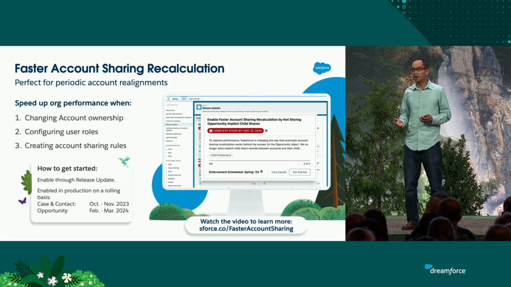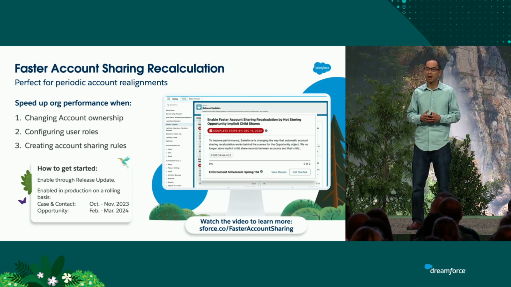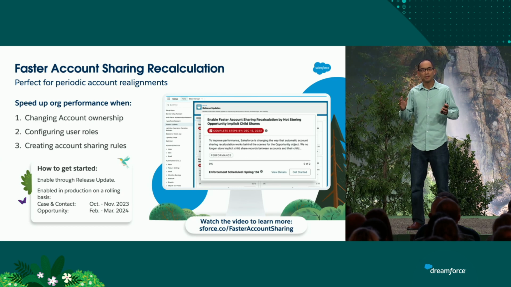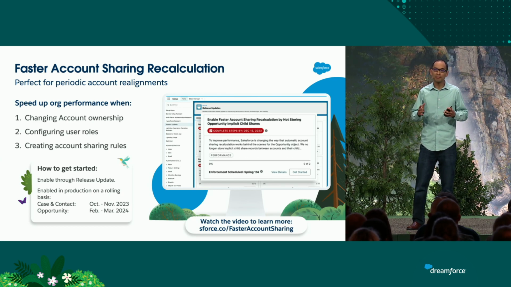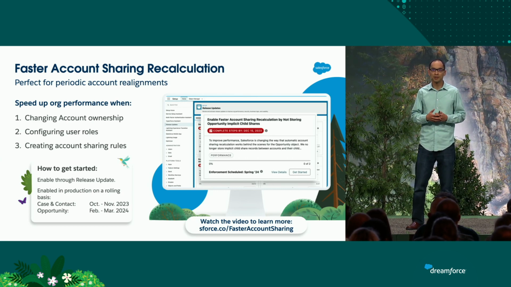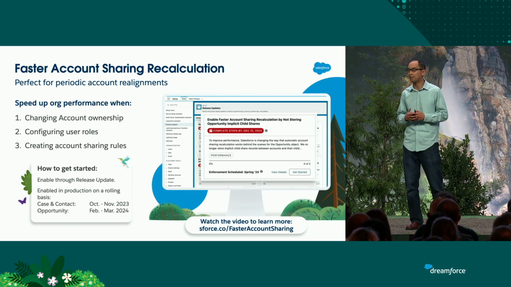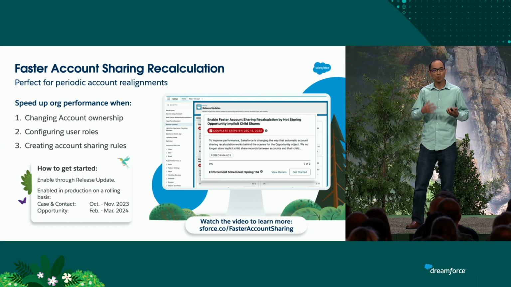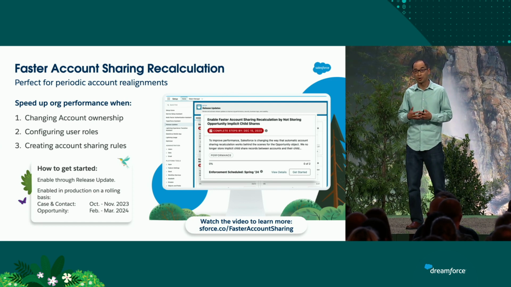But we can even do better. And now we have faster account sharing recalculation for opportunity in a release update. Performance improvements will vary depending on your org configuration, but we want all customers to benefit. And that's why if you take no action with the release updates, we will gradually enable this in production for you.